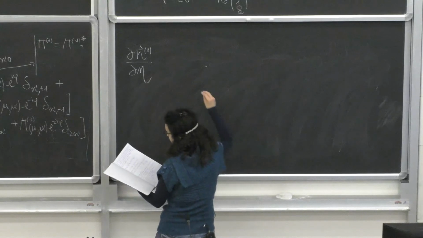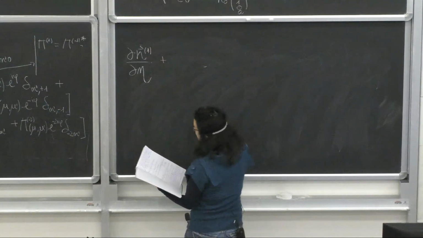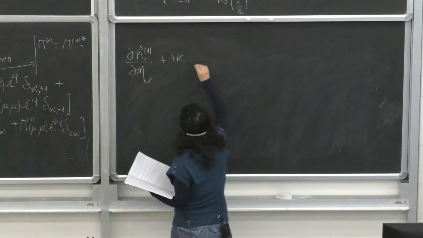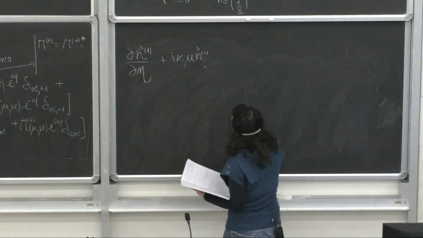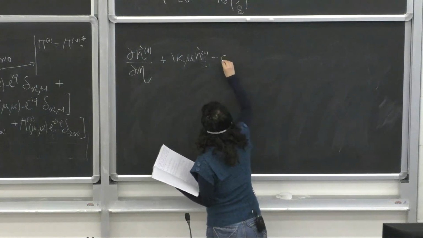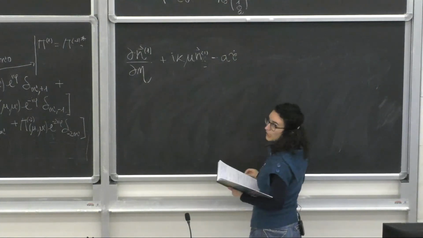derivative with respect to conformal time of the one component, so the perturbed component, plus i k mu n1 minus a tau prime, where a is the scale factor.